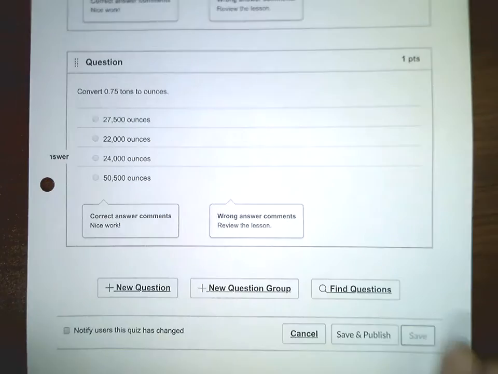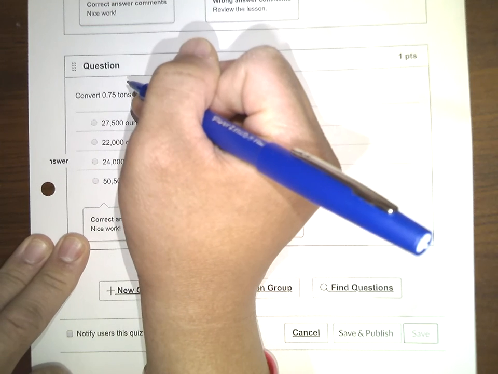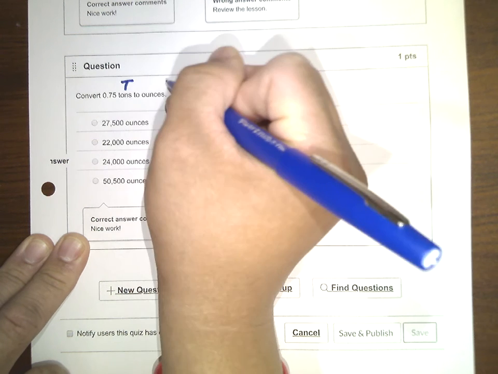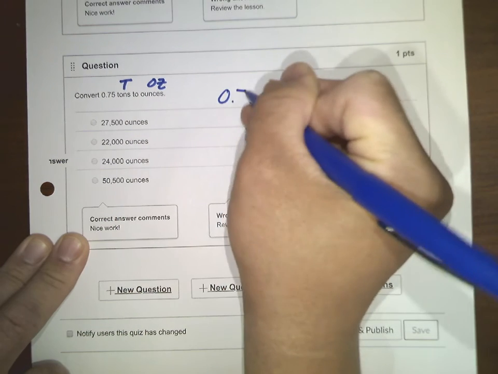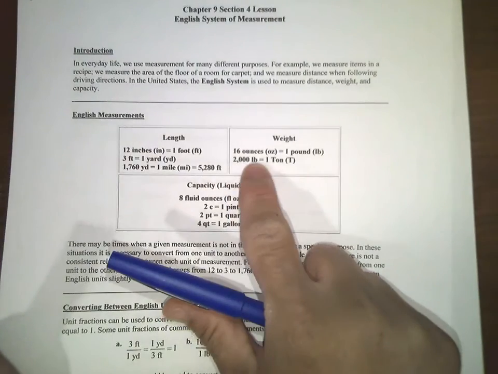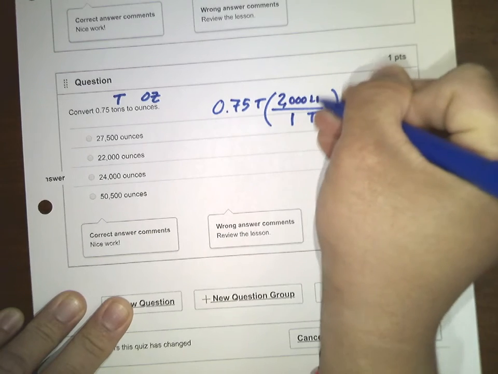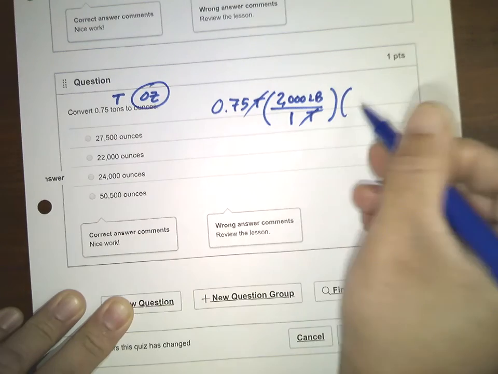All right, one more, and then we will be done here. Our business will be over. All right, so 0.75 tons, or 3/4 of a ton. So a ton is a capital T, and ounces is going to be OZ. So we have 0.75 tons, and we want to divide out the tons. So the only equation I have for tons is 2,000 pounds equals 1 ton. So 1 ton, 2,000 pounds. So then I divide out the tons, and then I really want ounces and not pounds.